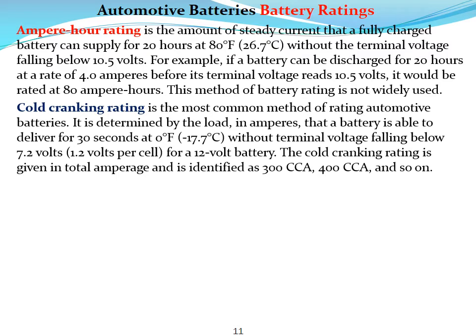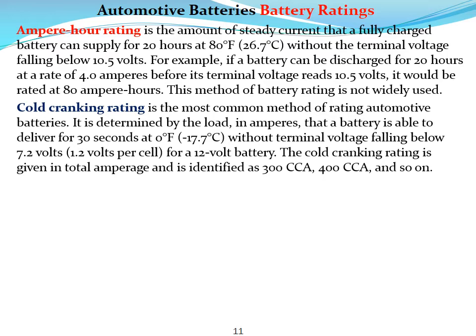It is determined by the load in amperes that a battery is able to deliver for 30 seconds at 0 degrees Fahrenheit, minus 17.7 degrees Celsius, without terminal voltage falling below 7.2 volts. This means 1.2 volts per cell; because there are 6 cells, the summation equals 7.2 volts.